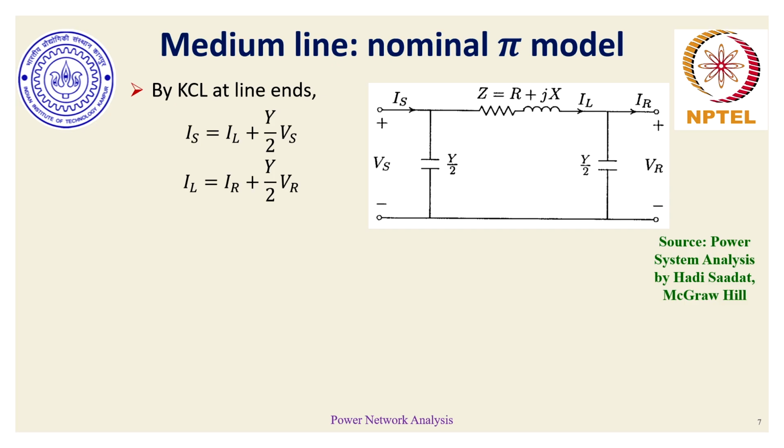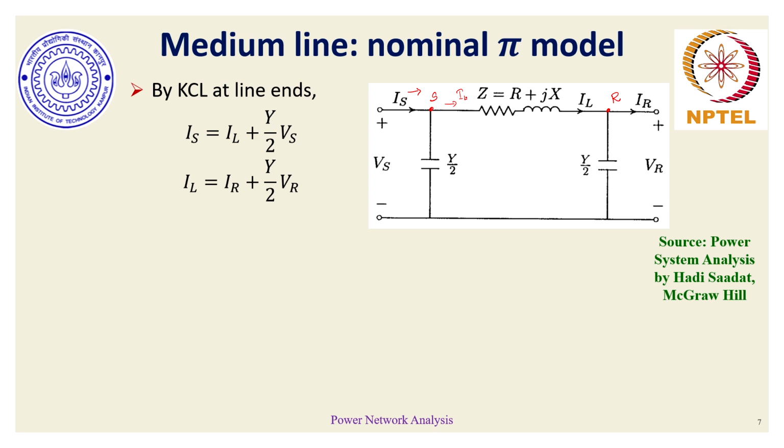If we have to figure out the mathematical equations which define this pi model, then basically we have two nodes. Let's say node S, which is the sending end, and node R, which is the receiving end. At node S, by KCL, we observe that the incoming current is Is, and the outgoing current is IL.